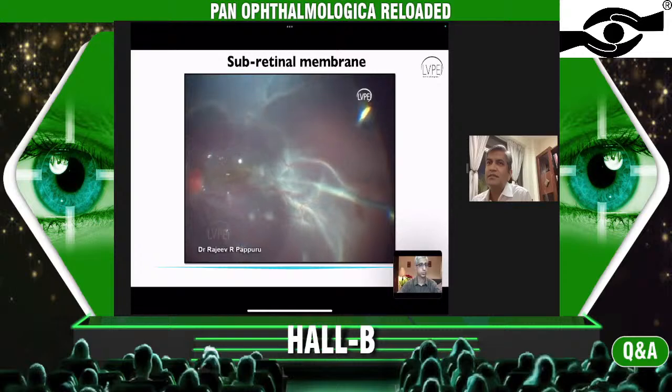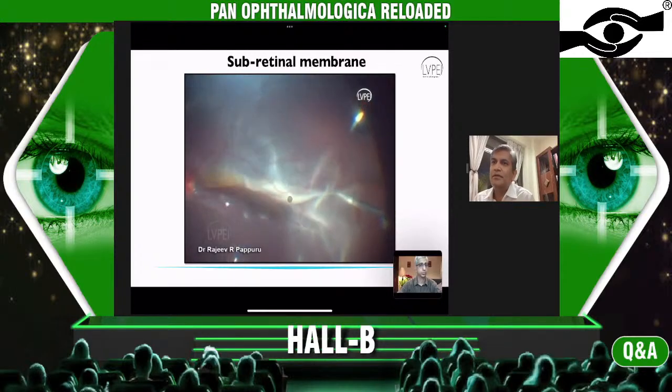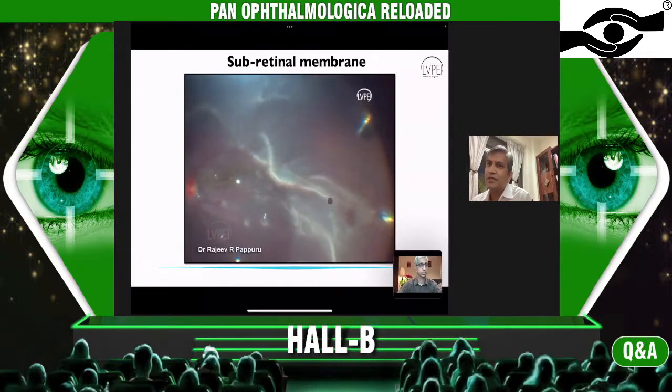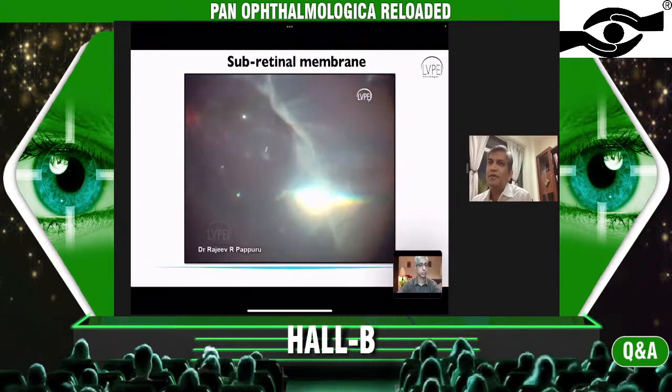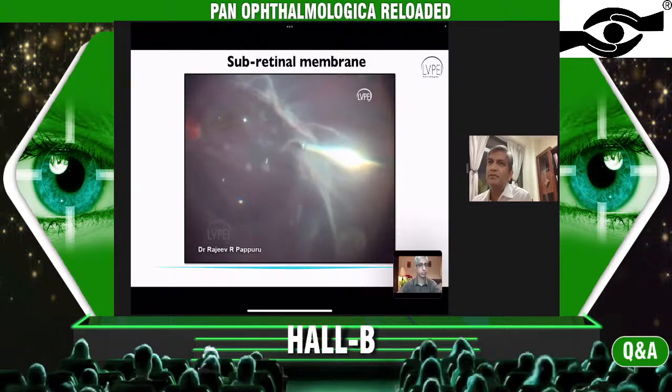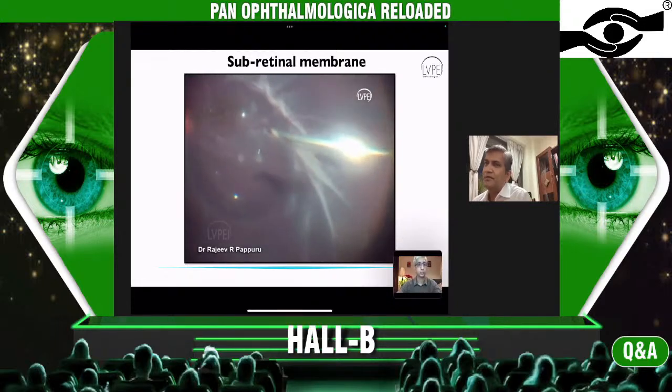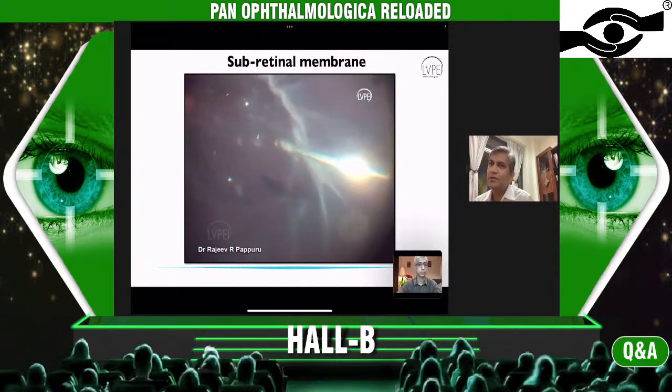So that's the reason why we made a retinotomy here, and then again go inside and try to pull that membrane. Gently pull it off, but if you try to pull forcefully, sometimes you might even create a retinal break posteriorly. And we need to be careful, this is what I was talking about, rolling off the membrane.